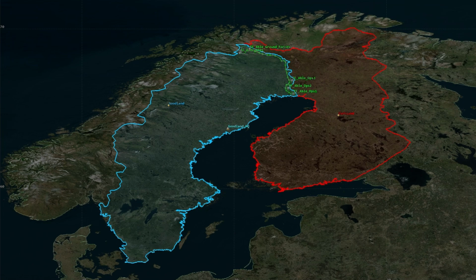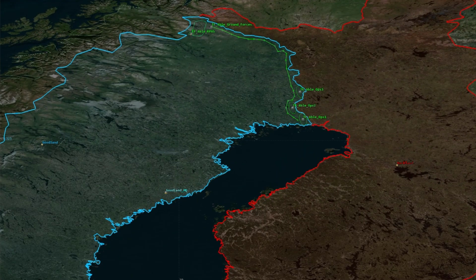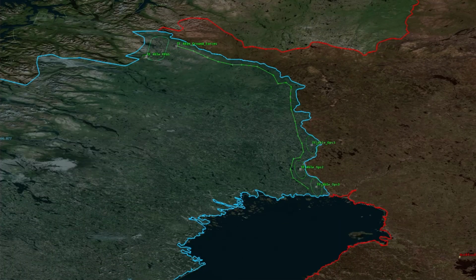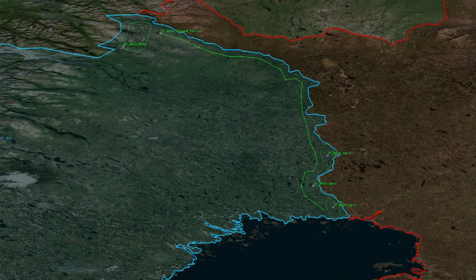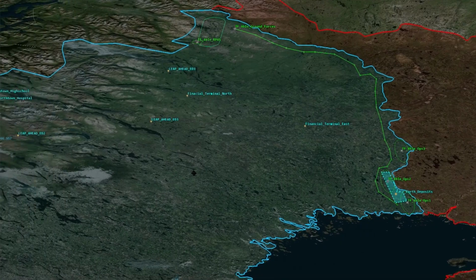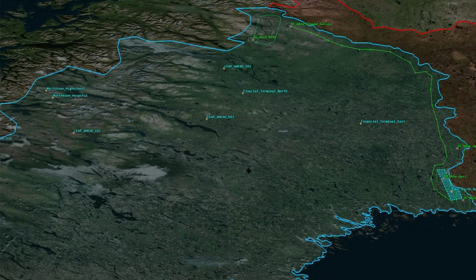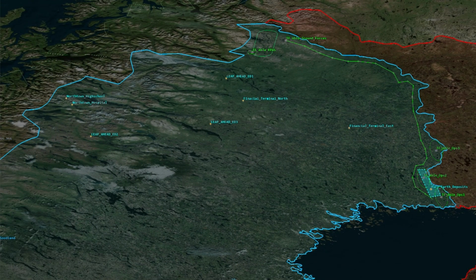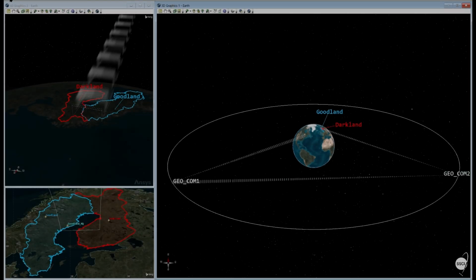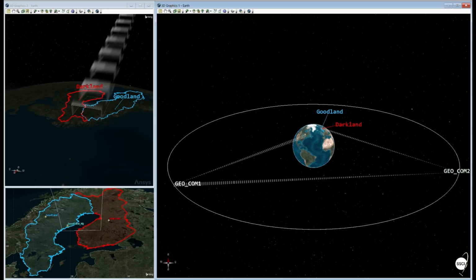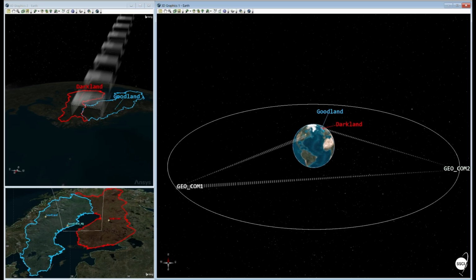The same space systems that enable military command and control, intelligence collection, and force protection are also critical to everyday life in Goodland, including civilian communications, healthcare, education, and banking systems. The key takeaway is that commercial space is a shared dependency. Let's start with how those space-enabled connections are established.